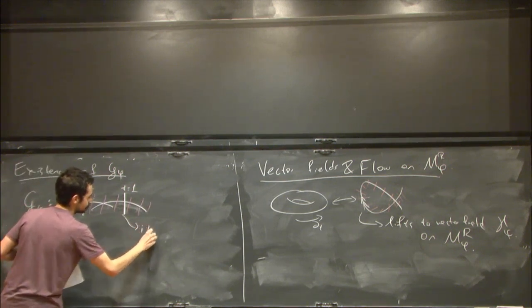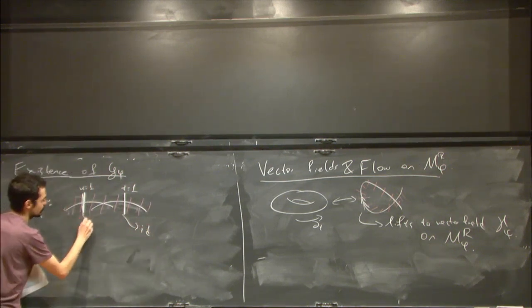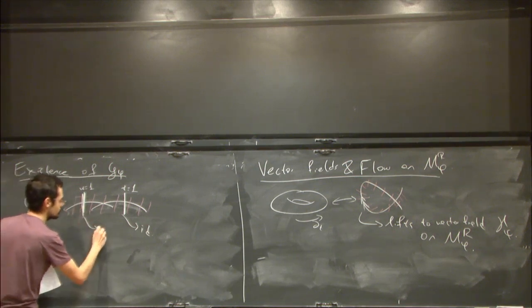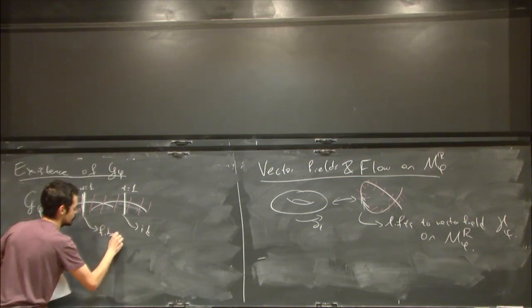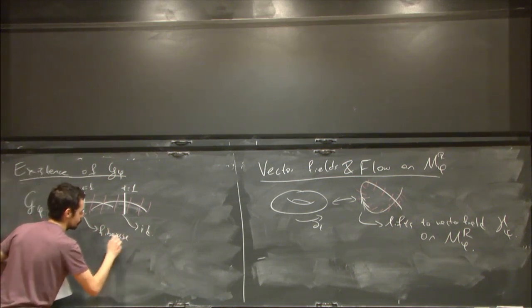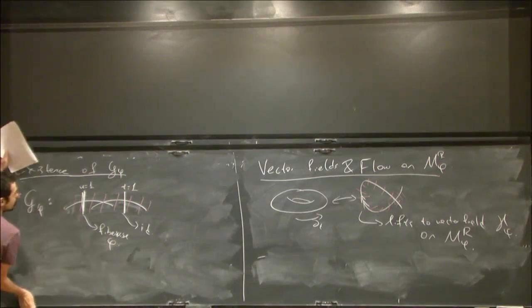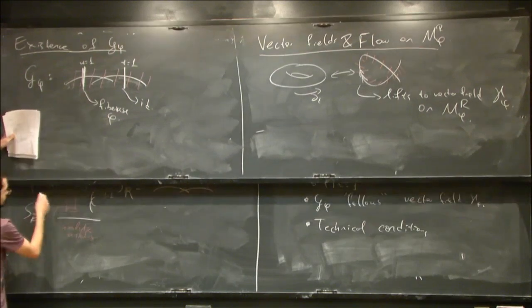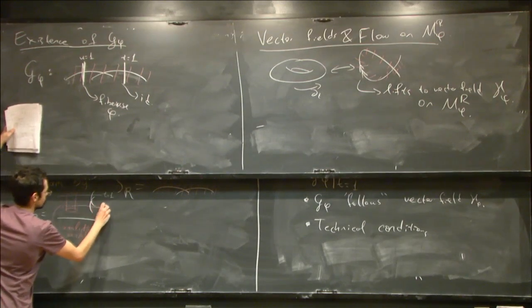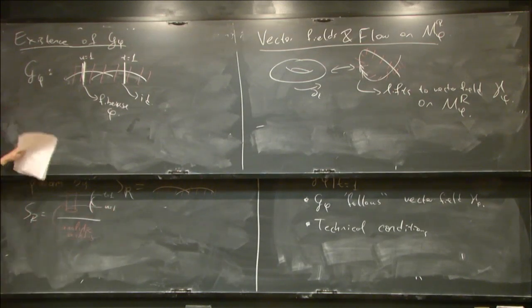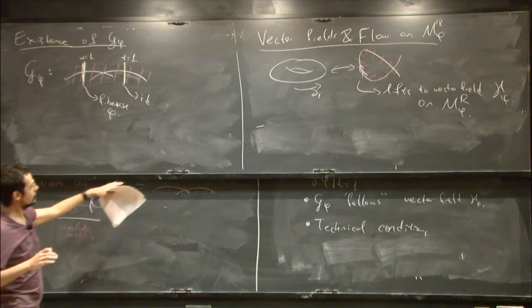Here it restricts to identity, and for any phi it restricts to fiberwise phi at this other section. The other section can also be pictured like this. This follows from the construction.